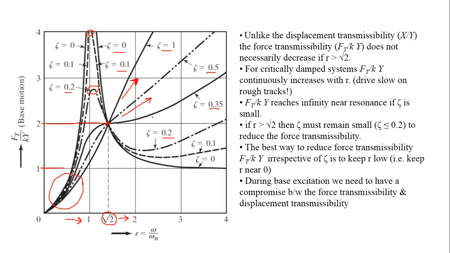For zeta 0.35 it is of increasing nature, and for zeta 0.2 and 0.1, it first reduces but is still greater than 1, and then again it tends to increase. So in a nutshell you can say that increasing r in case of force transmissibility is going to increase the transmitted force.